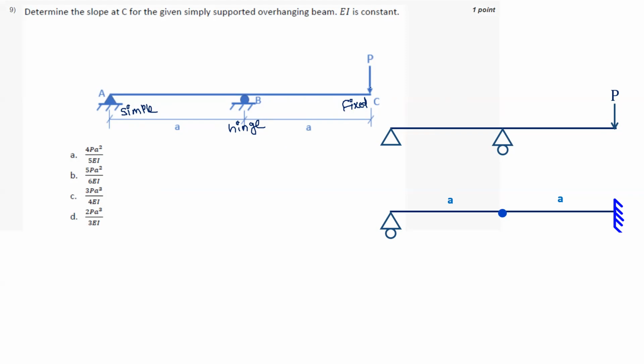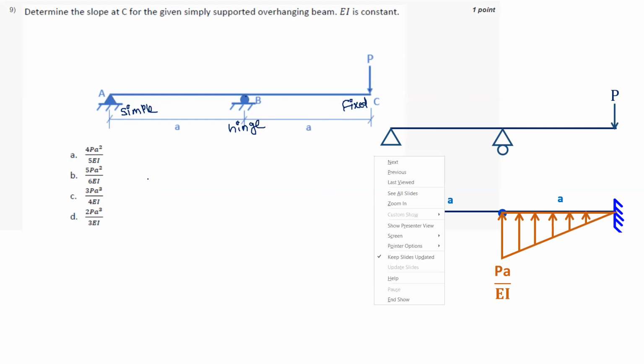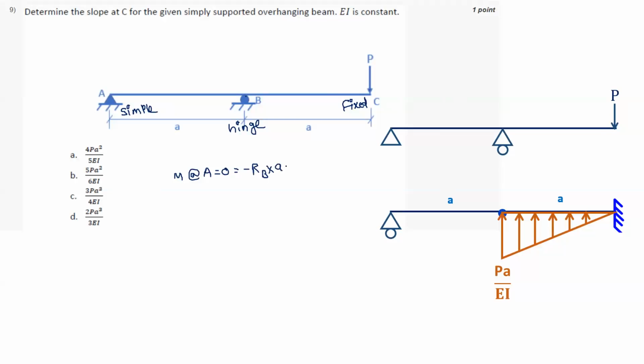Now you can see P into A will be the bending moment in the BC portion, so we have PA upon EI. Now if we take moment about A, we have equal to minus RB into A plus P into 2A. Therefore RB we get as 2P.